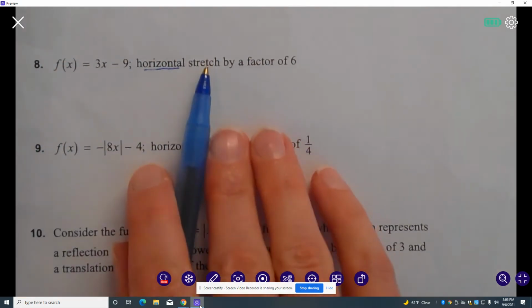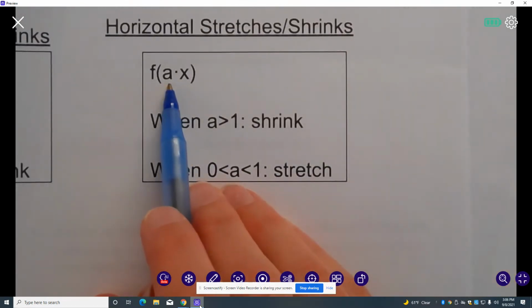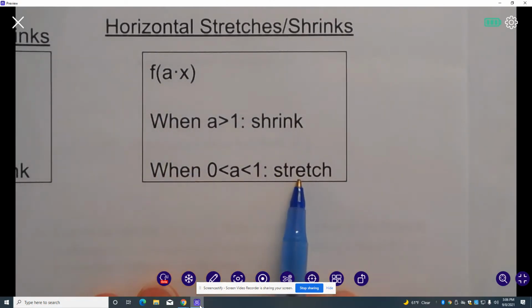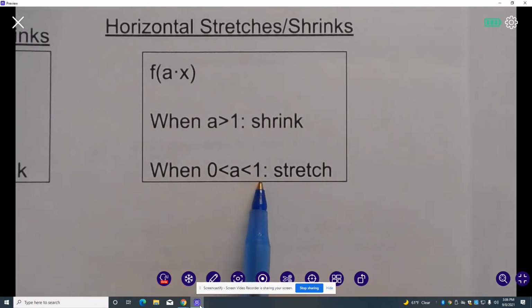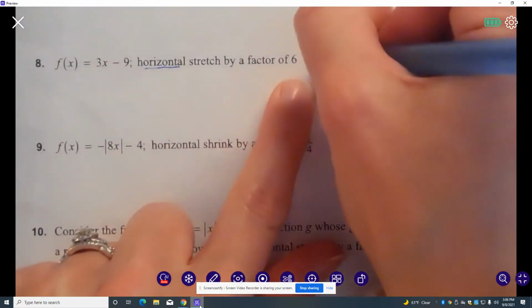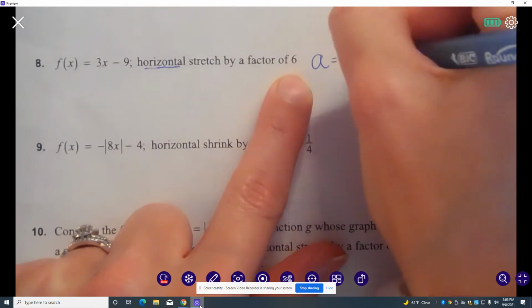So for a horizontal stretch, we're multiplying that a inside the function, and with a stretch, we're going to take that factor and write it as a fraction between 0 and 1. So our a value here, even though it says by a factor of 6, because it's kind of opposite what we would think, our a value is going to be 1/6.